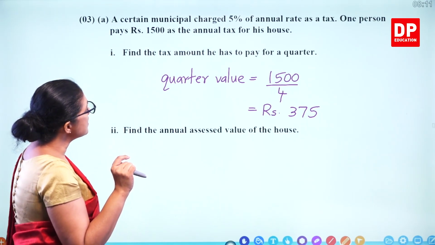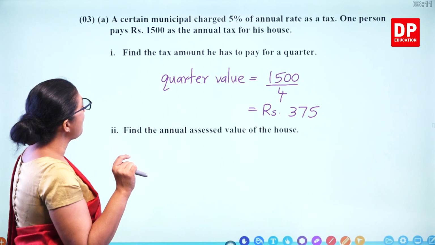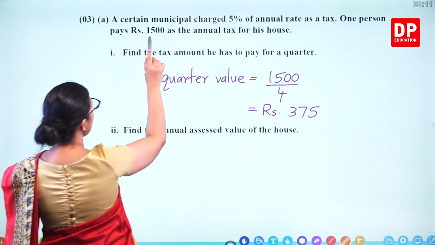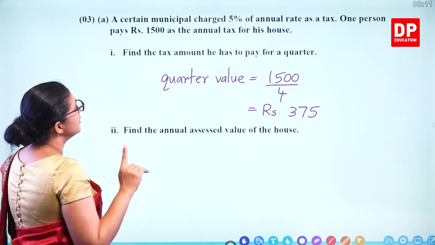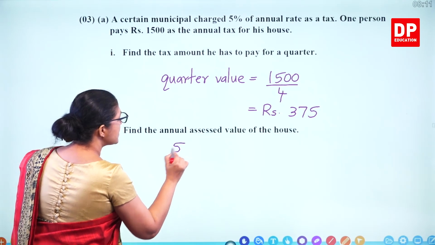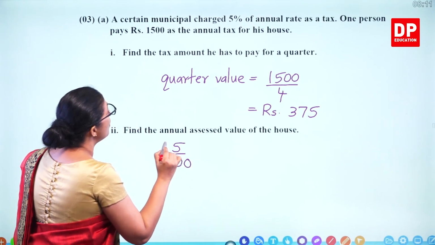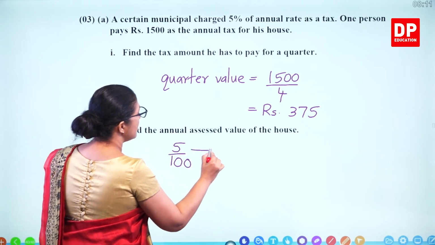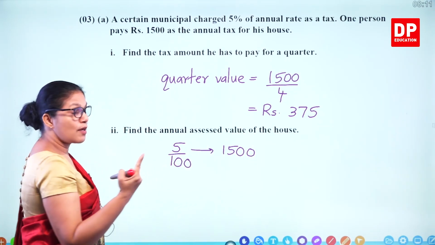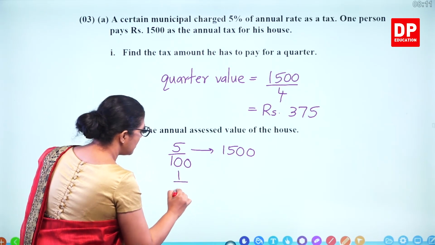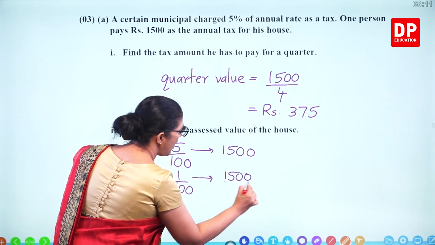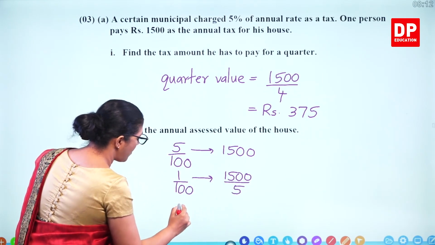Find the annual assessed value of the house. Now it says this is the annual tax. That's 5% value. So 5% value is 1,500. So what is 1 part? You divide by 5. And what about 100 parts?